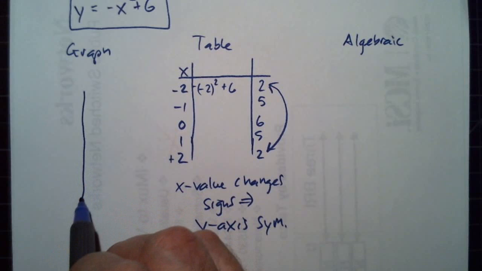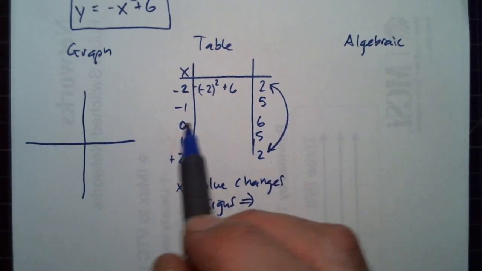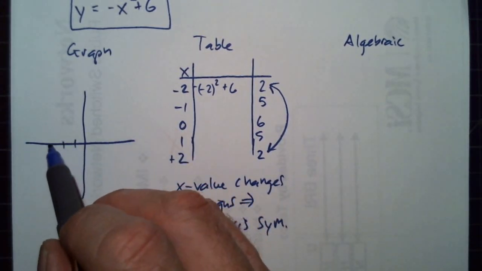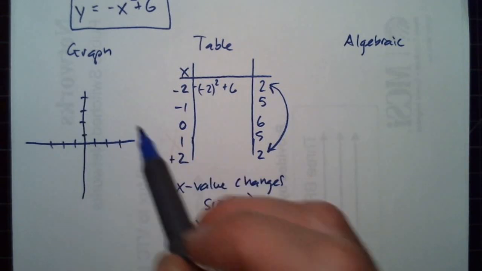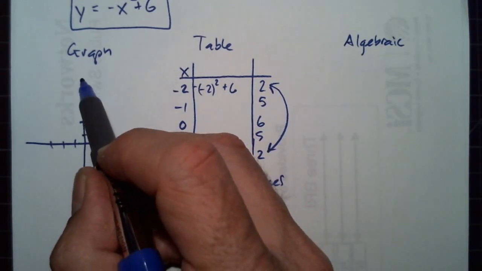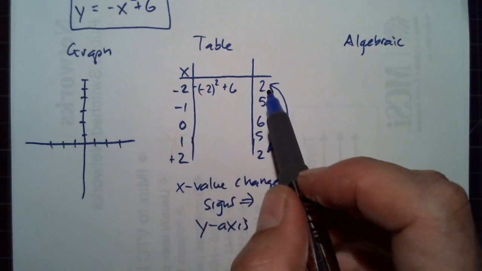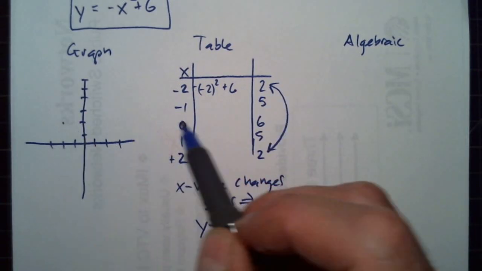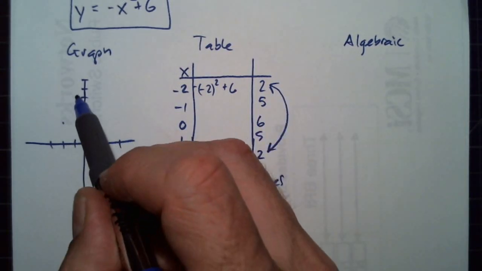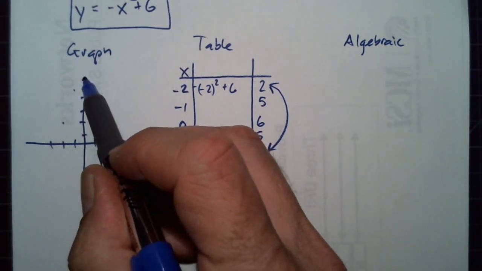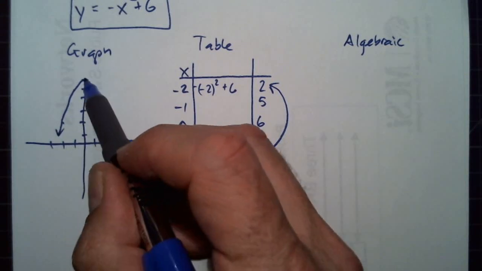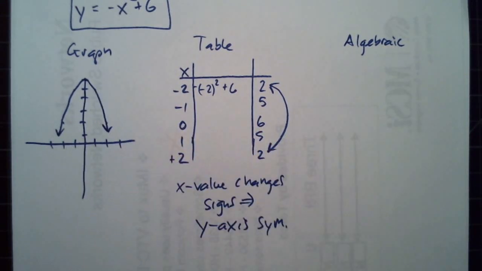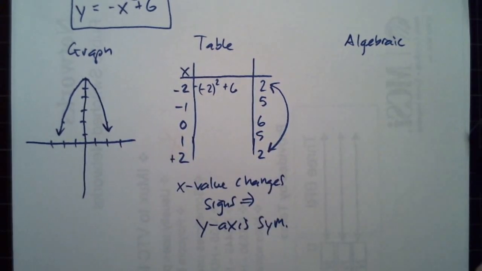And if we graph the points, at negative 2 we go to 2, at negative 1 we go to 5, 0, 6, and we can see y-axis symmetry there.